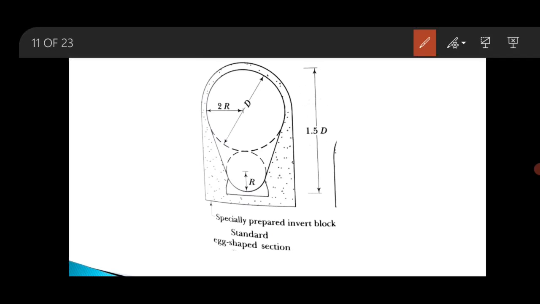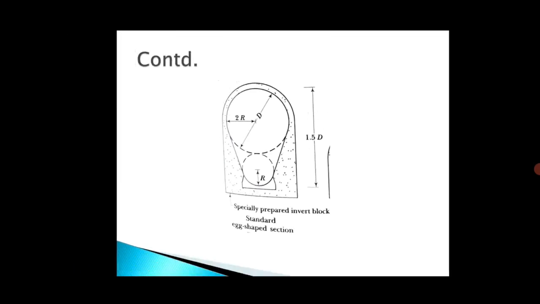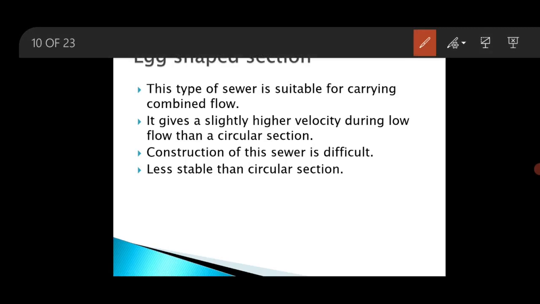And the main advantage of this type of sewer is it will give some higher velocity during low flow than a circular sewer of the same capacity. But its construction is difficult and it is less stable than the circular section. Okay, and hence it requires a good masonry support or backing.